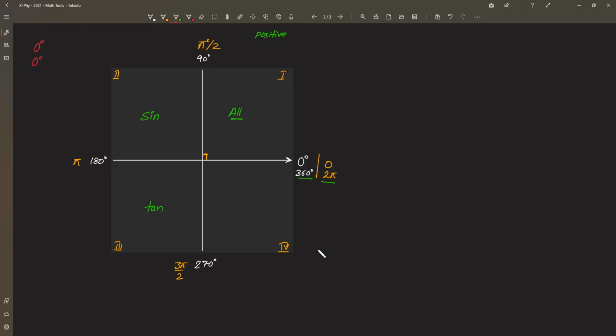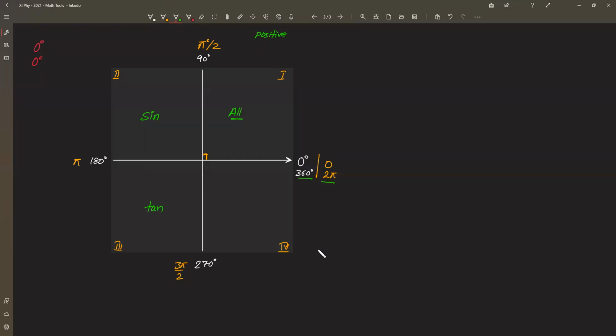That means for the angles which fall in the third quadrant, whose measure is between 180 degrees and 270 degrees, if you find tan of such angles, say for example tan of 240 degrees, 240 lies between 180 and 270, so tan of 240 will be a positive value.